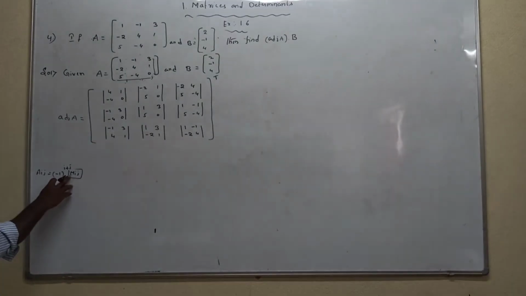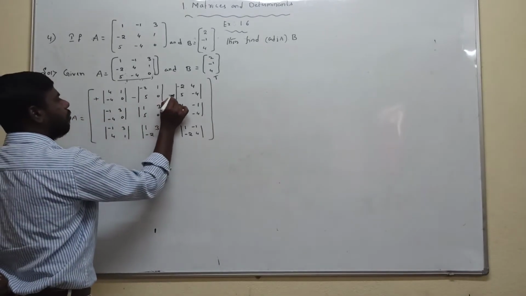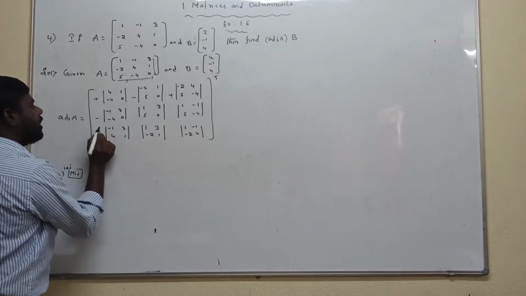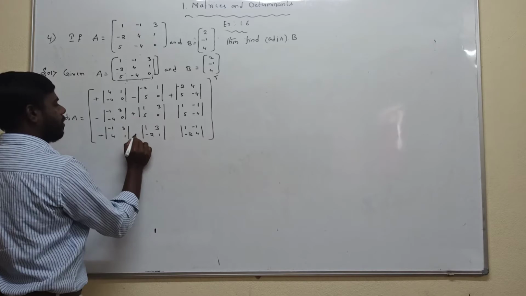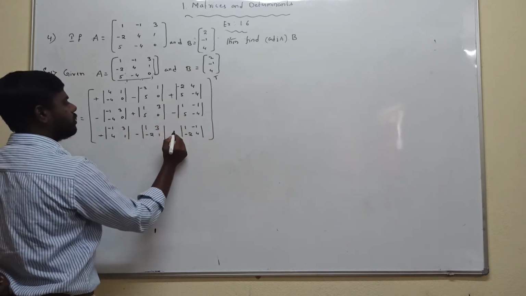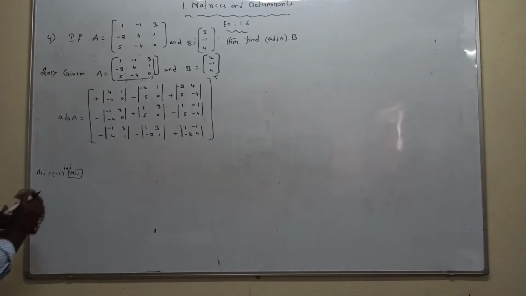After finding the minor elements, you can put the sign symbols. First, the alternating signs: plus, minus, plus; minus, plus, minus; plus, minus, plus. We can take row-wise or column-wise signs; everything will be equal only.